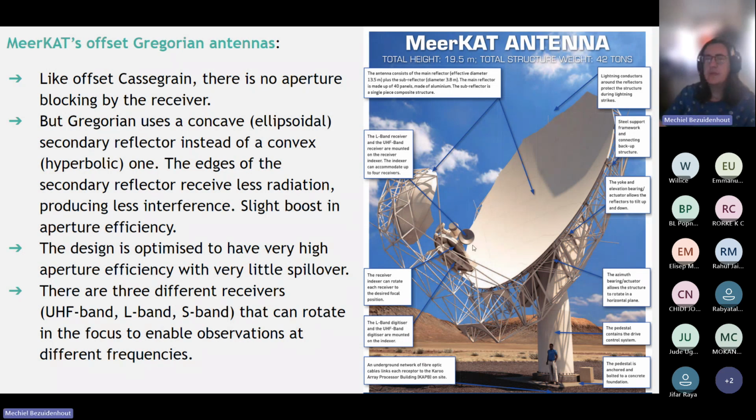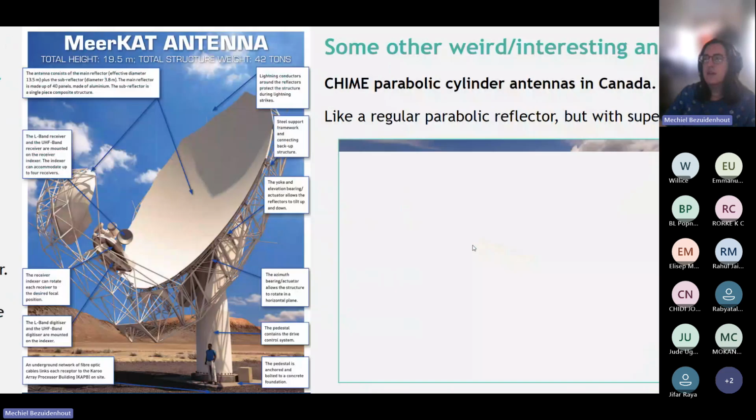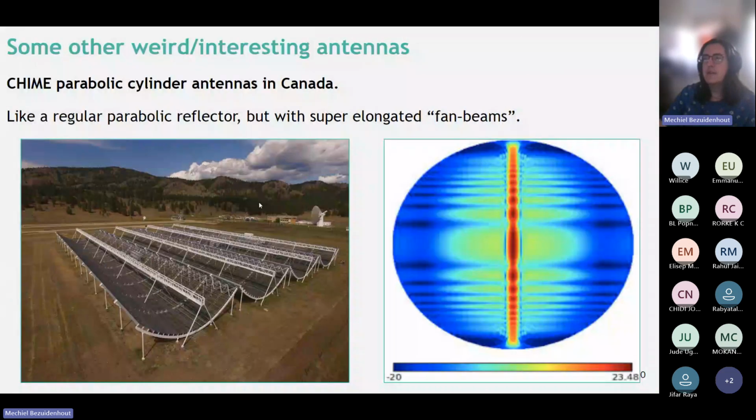Right. Next, I want to show you some other weird or interesting types of antennas, which are outside of the typical parabolic reflector type. This is CHIME, the Canadian Hydrogen Intensity Mapping Experiment, something like that, which is a telescope in Canada, and it's made up of a series of four parabolic cylinders.